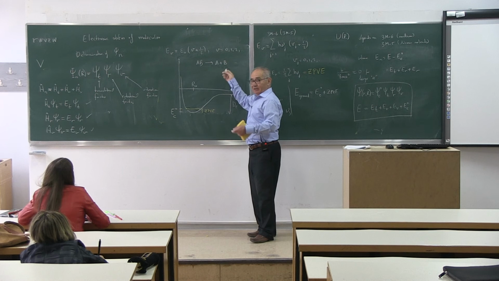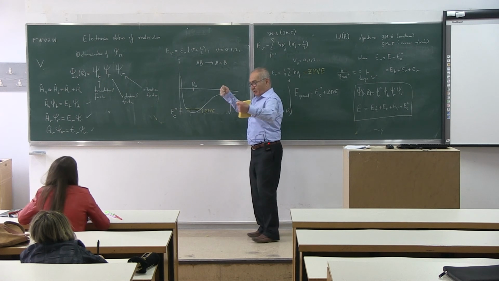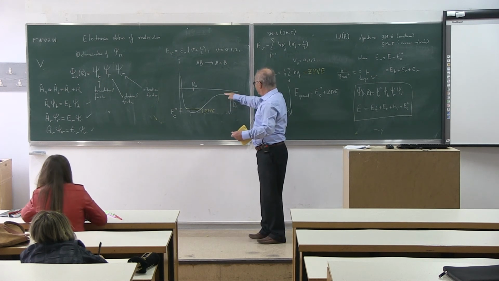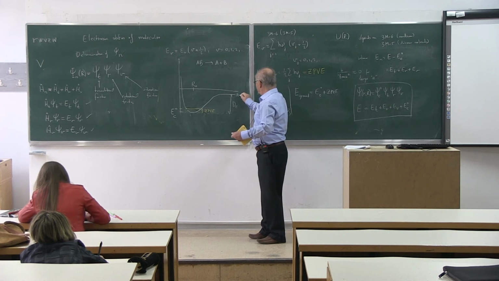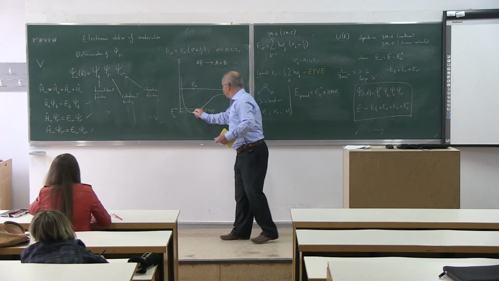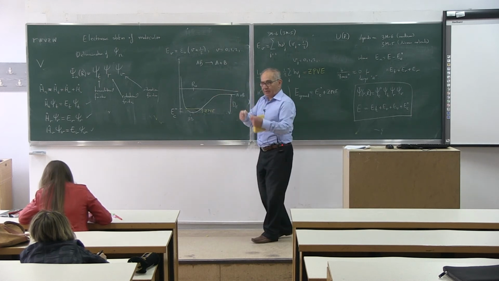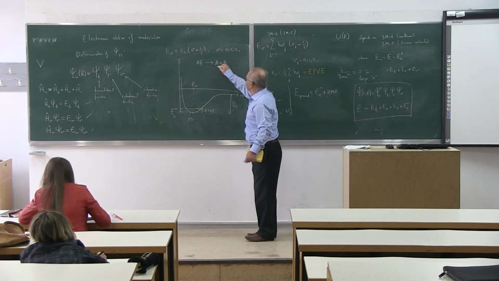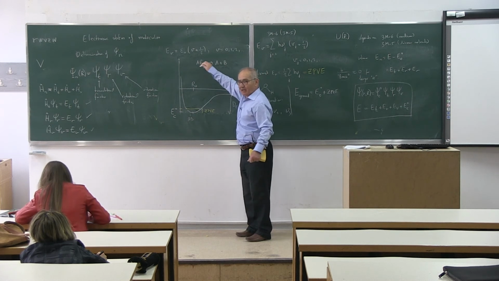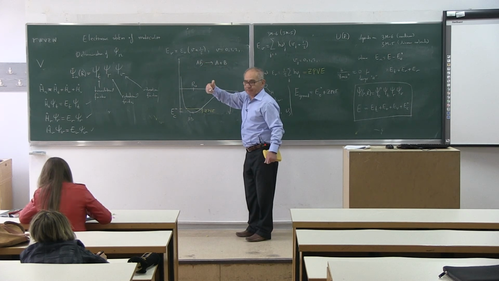The right side is dissociated atoms, and according to this figure, here are A plus B. Here, the molecule is bound, AB. The total energy of this minus the total energy of AB is, by definition, the dissociation energy.